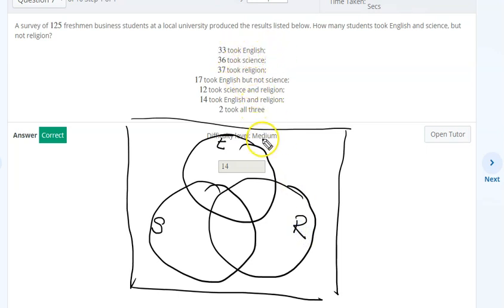So English is 33, science is 36. These are just reference numbers for now. And religion is 37. So I've got these 3 done. Now 2 took all 3, so that was our key. And then now I'm going to work on these, keeping in mind I want to find out at the end how many took English and science, but not religion. This person had it right. We know that's going to be 14, but let's see how to get that.